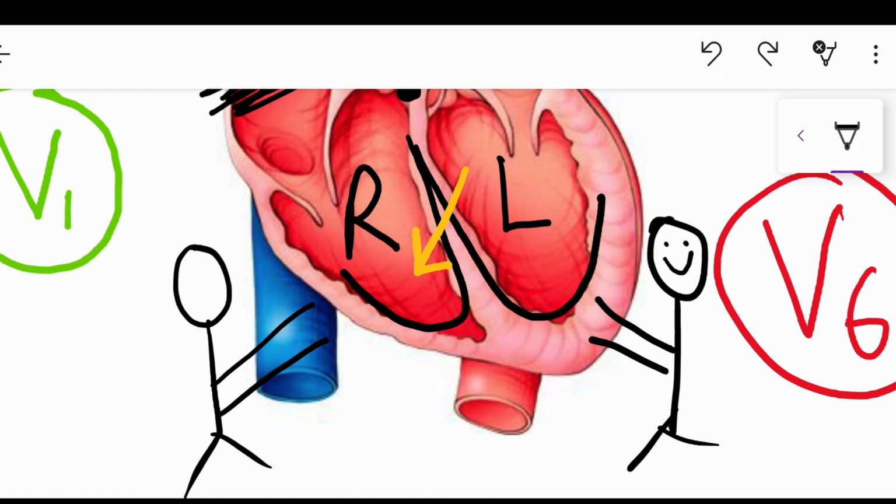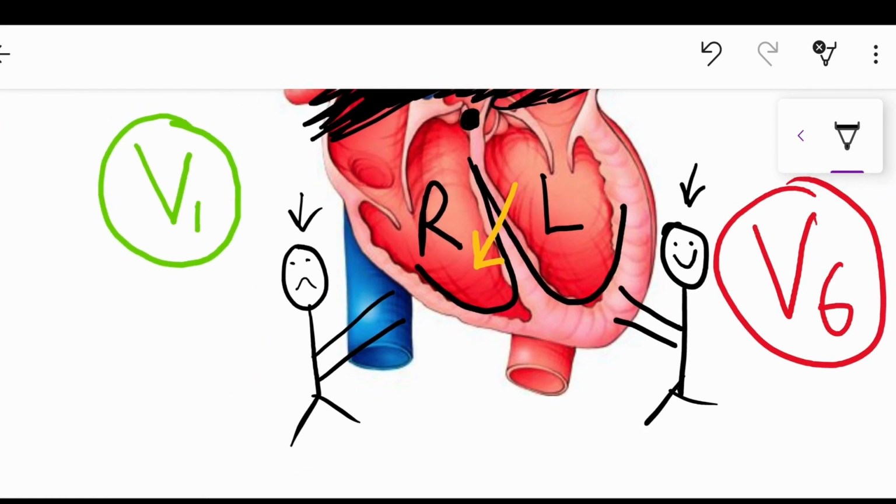However, they both get a slice of the pie. However, this guy gets more, so he's going to have a stronger contraction than this one. So they both contract. They're both relatively happy.